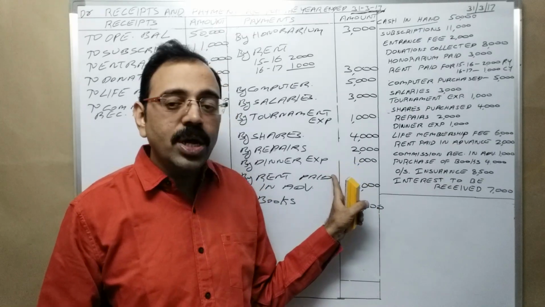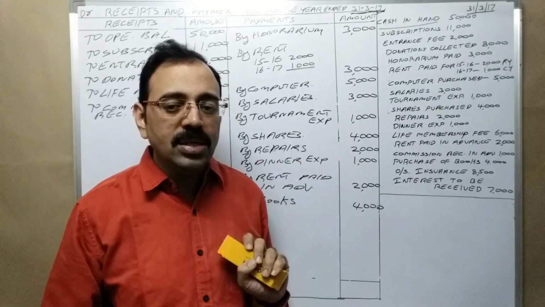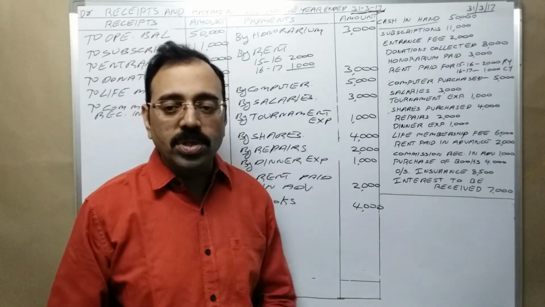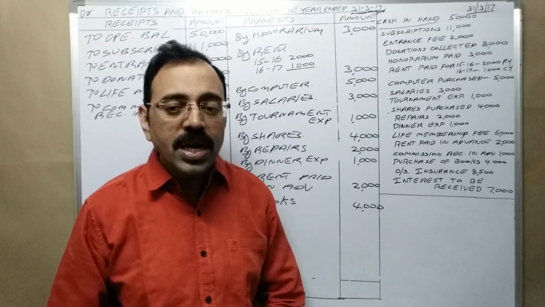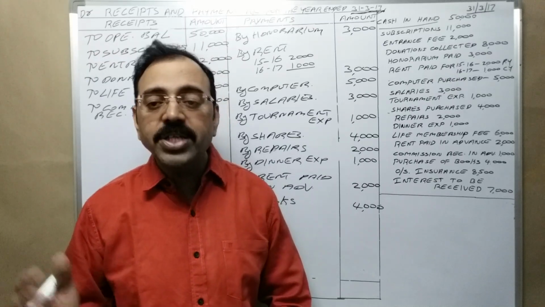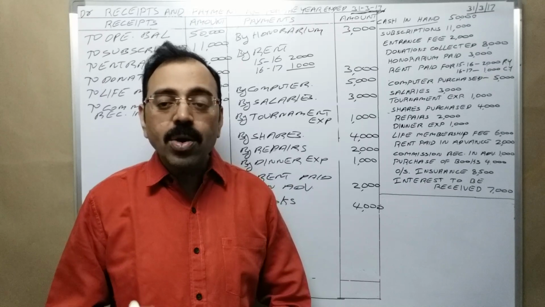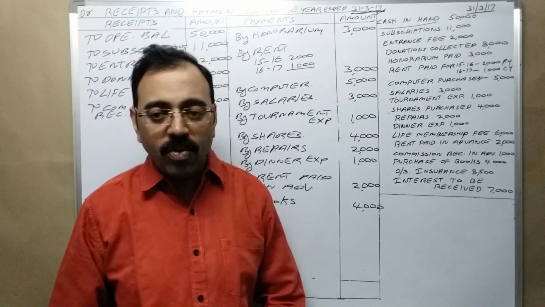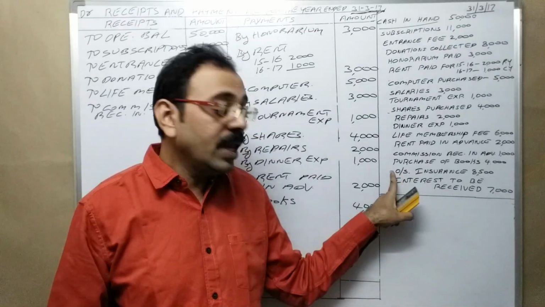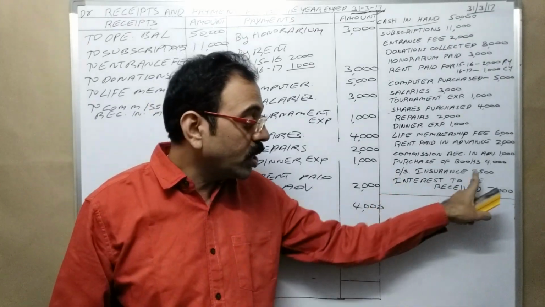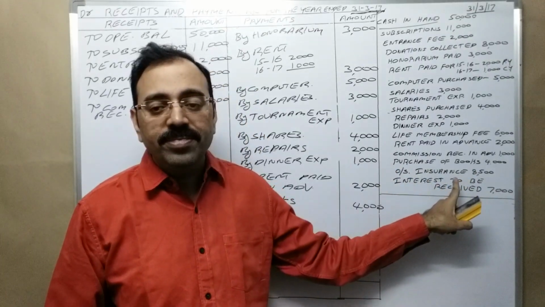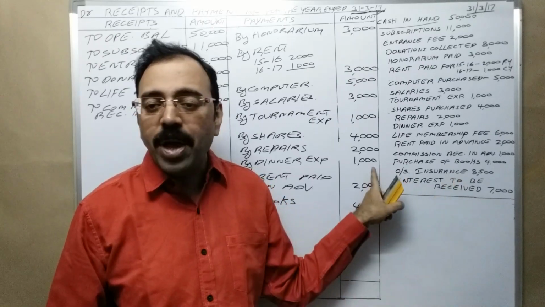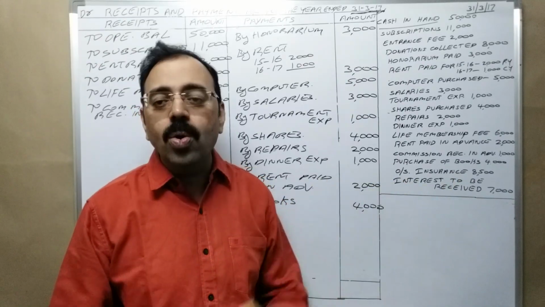Receipts and payments account is prepared on cash basis, and our next account, what is that? Income and expenditure account. That account is prepared under accrual basis. Therefore, you should consider this point while preparing the income and expenditure account, not in the receipts and payments account. So ignore it.